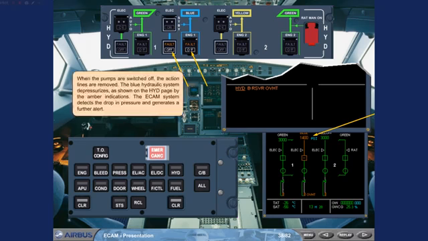There is now a new abnormal message on the engine and warning display: Blue system low pressure. The message is boxed to indicate that the loss of the blue hydraulic system is classed as a primary failure that will affect other systems.